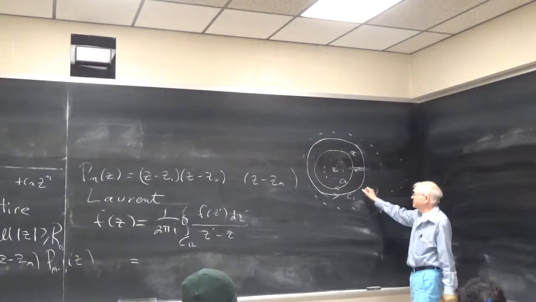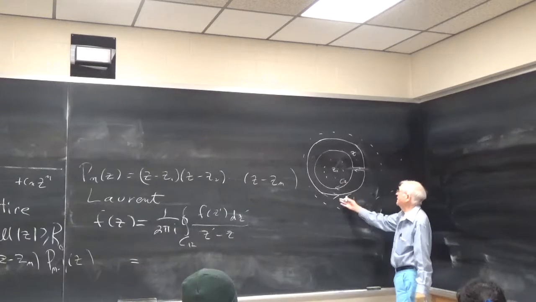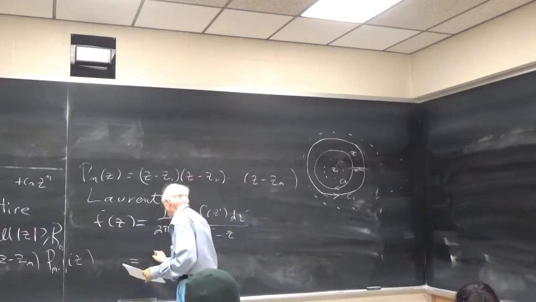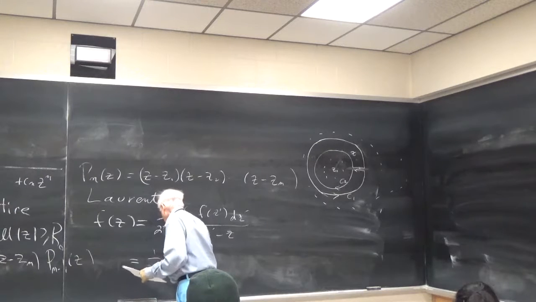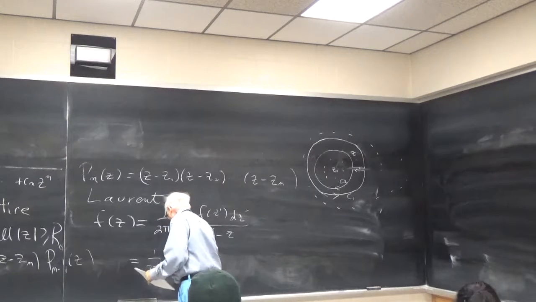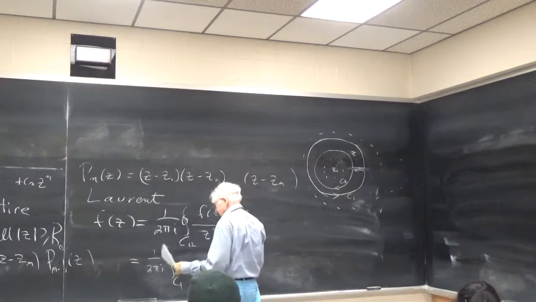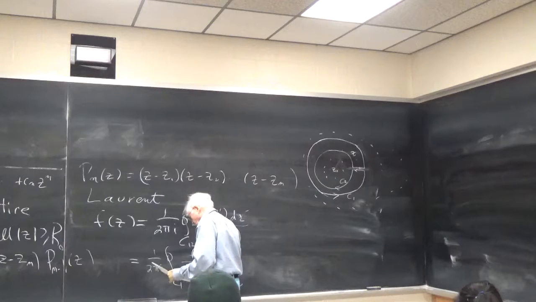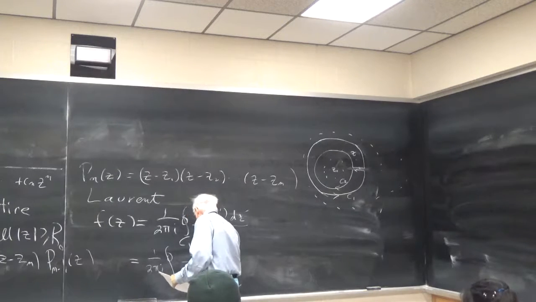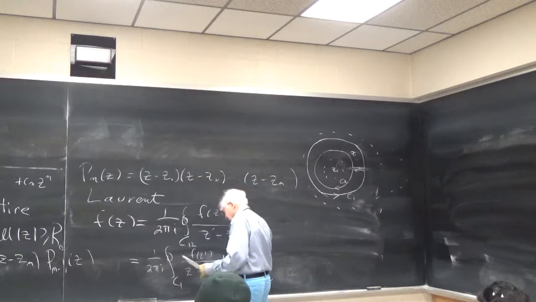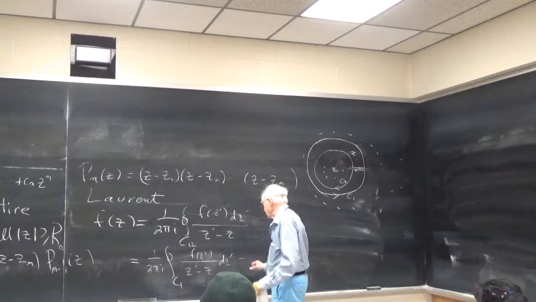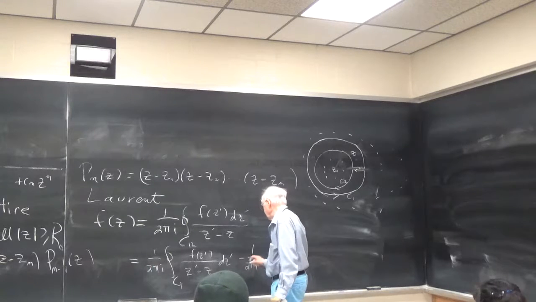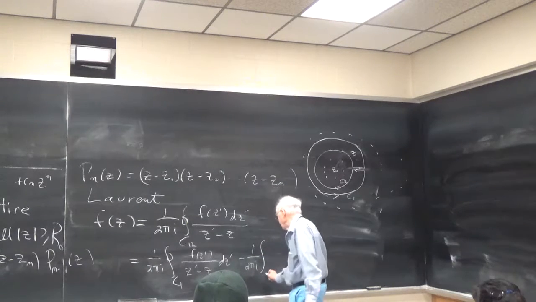So we really just have two circular integrations. One is counterclockwise, and one is clockwise. So this is 1 over 2 pi i, the integral along C1, which is counterclockwise, of f of z prime over z prime minus z dz prime. And then because the other one is clockwise, it's 1 over 2 pi i with a minus sign.